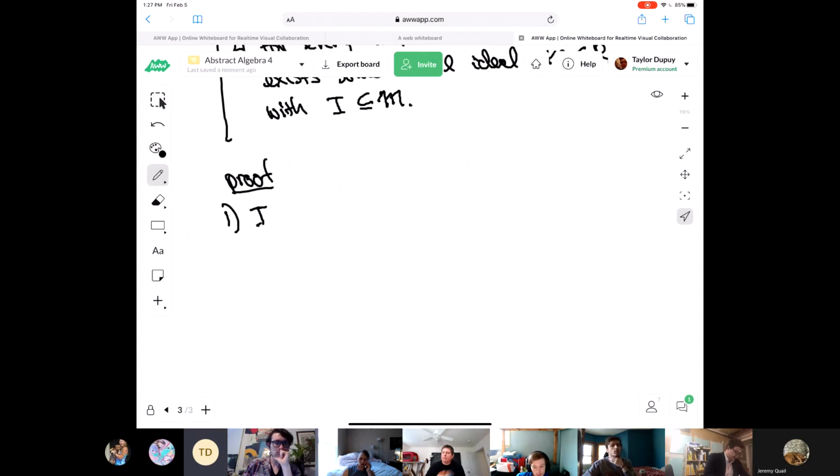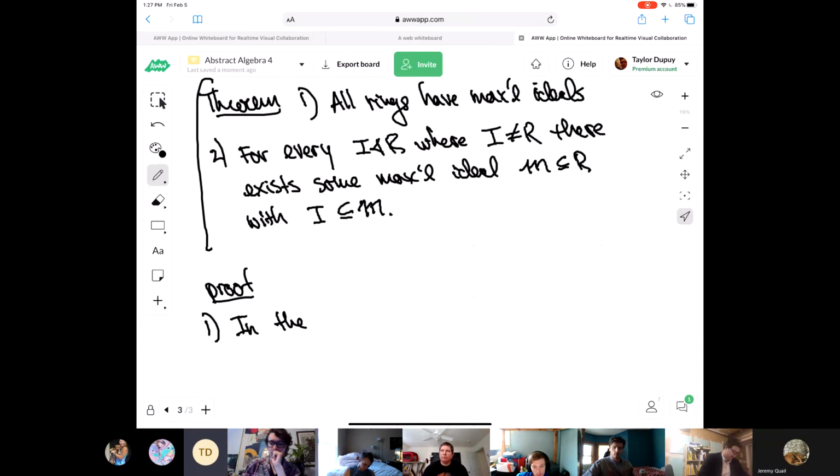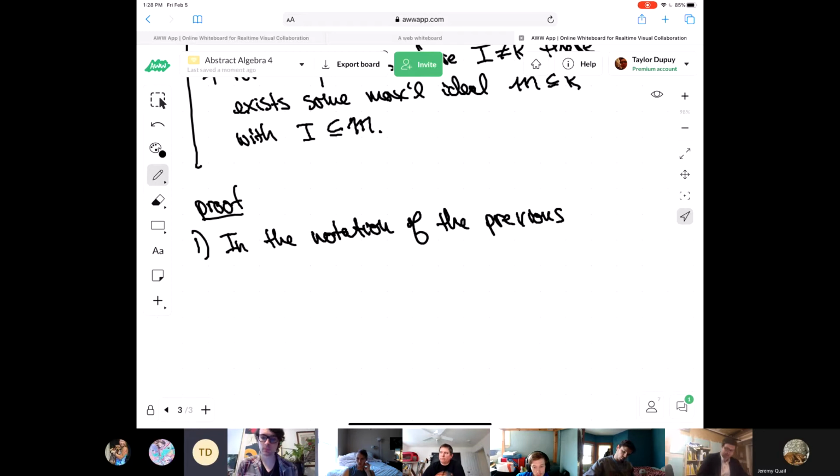So in the notation as above, we're going to prove that all rings have maximal ideals. In the notation of the previous section, we need to make a partially ordered set, and then show chains have bounds.